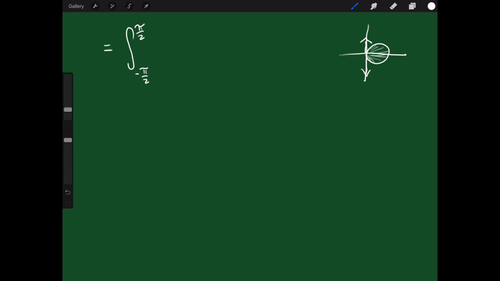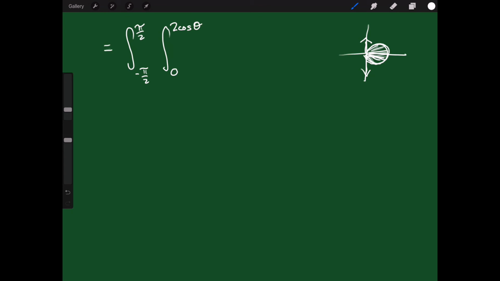Then I'm integrating from a function of theta to a function of theta. Well, really, there's just one function here. So I'm starting at r equals 0, and I'm integrating out to this function, which is 2 cosine of theta.